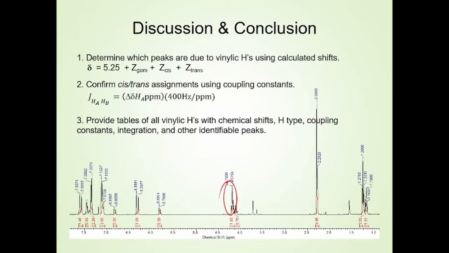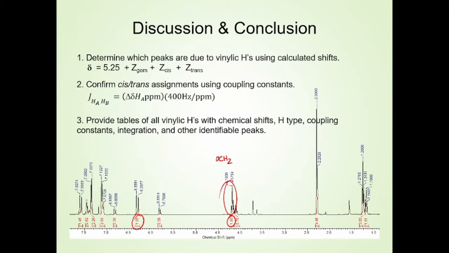So that tells us this is an OCH. If we look at integrations, 1.95 to 1.08. It's a 1:2 ratio. So that tells us it's an OCH2. Splitting's a quartet. So what's it bonded to? How many neighbors do we get if we have 4 peaks?